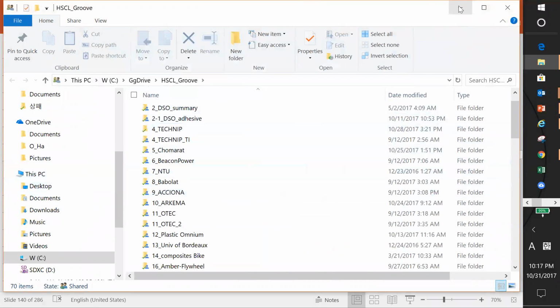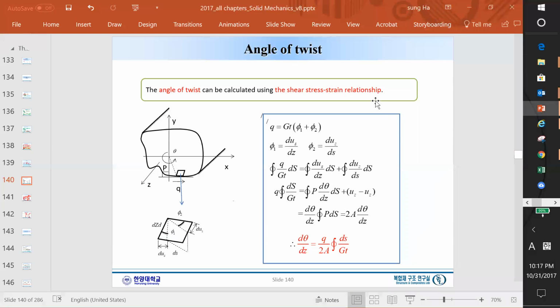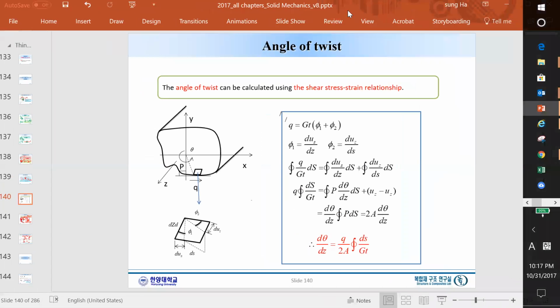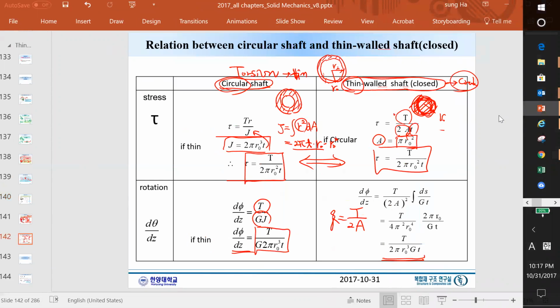Anyhow, I will cover 3D Beam tomorrow, and it will be used to verify all these derivations, and torsion and beam theory as well.